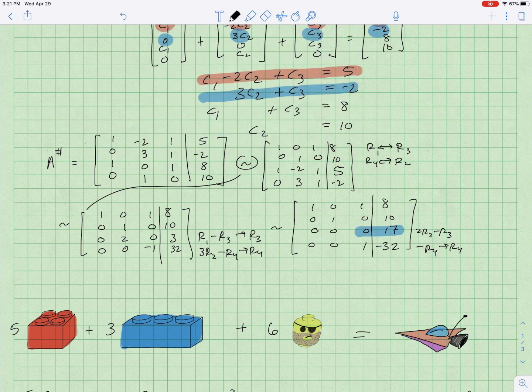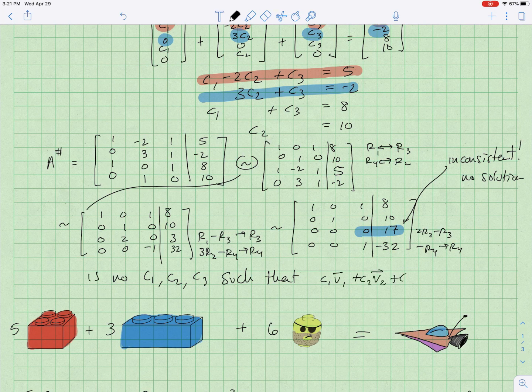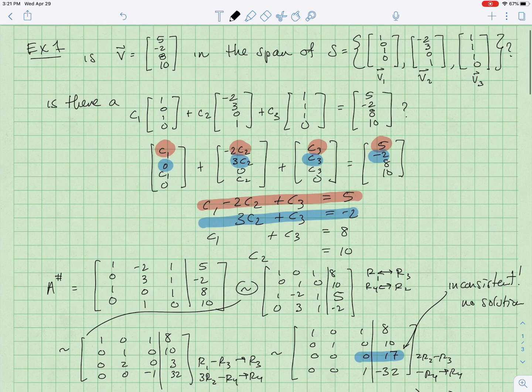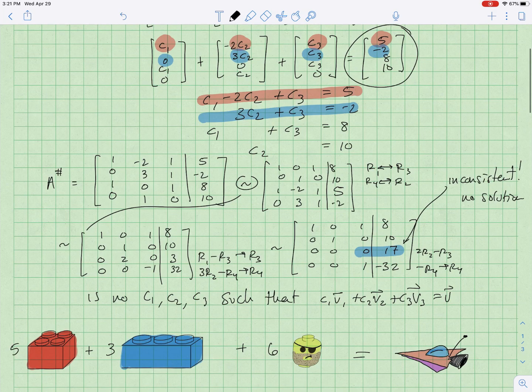I don't have to go all the way to REF or RREF form, but this is inconsistent. There is no solution, which means there is no C1, C2, or C3 such that C1 times V1 plus C2 times V2 plus C3 times V3 is equal to V, or this vector here does not lie in the span of S.